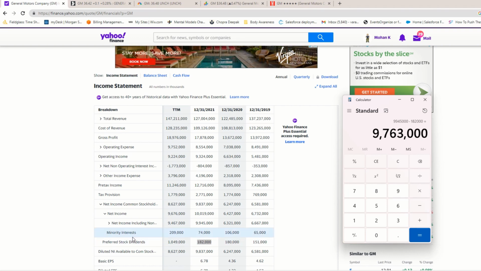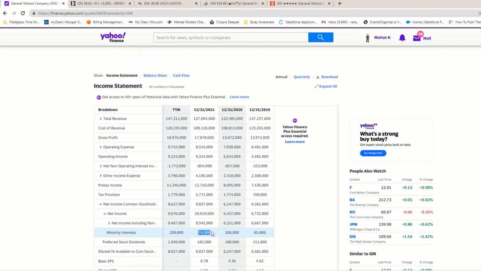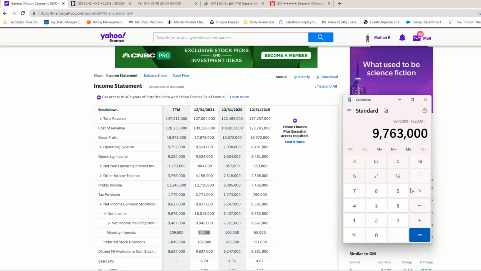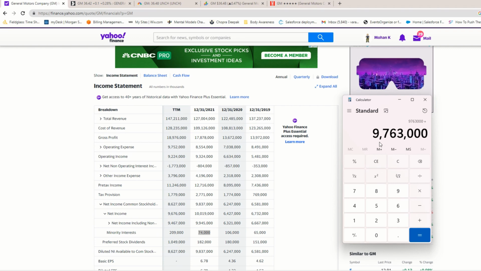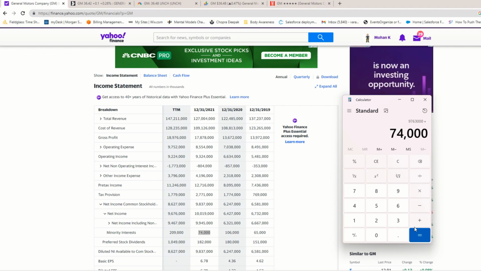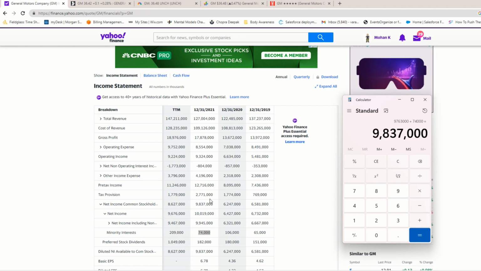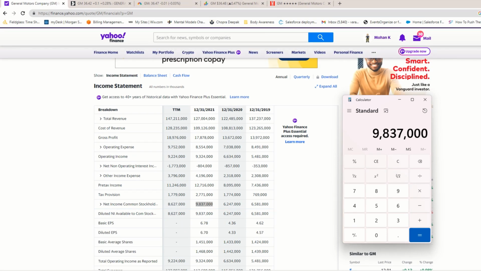And there is an interest that came, which is 74000. Let me add that number here, plus, so after the adjustments we got net income for the common stockholders is 9837. You see the highlighted number.